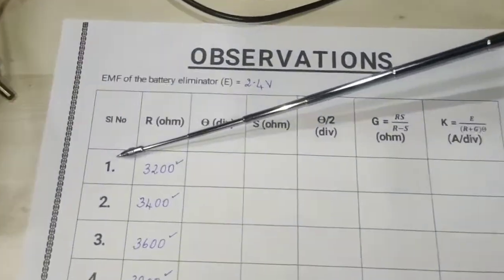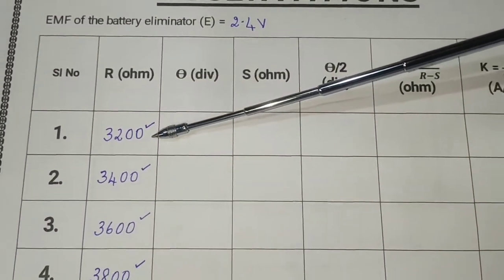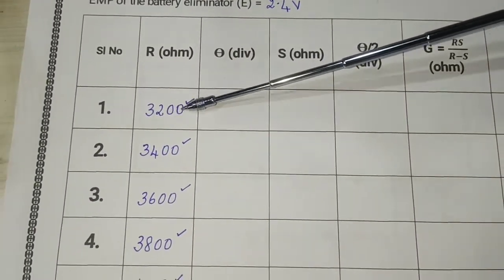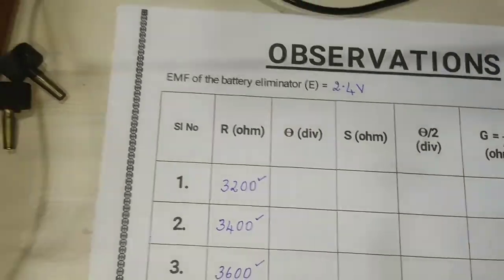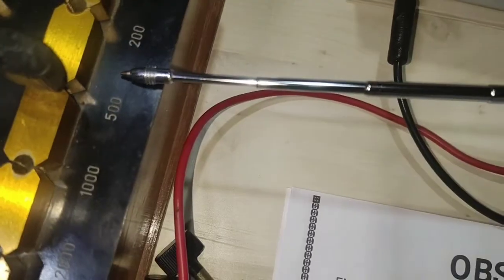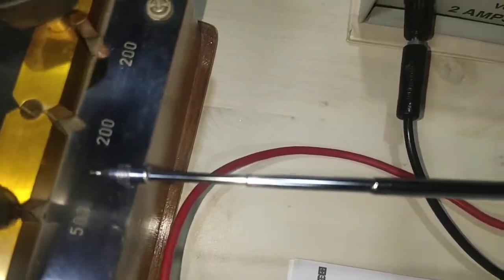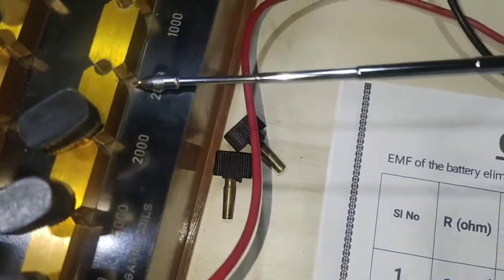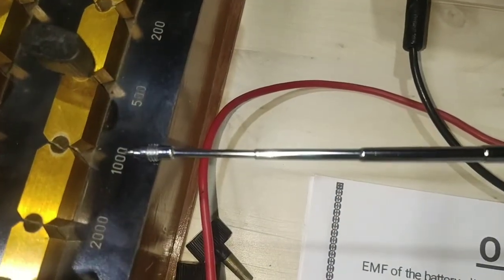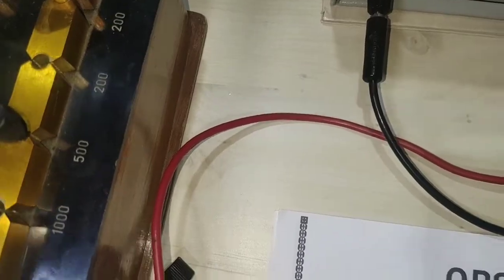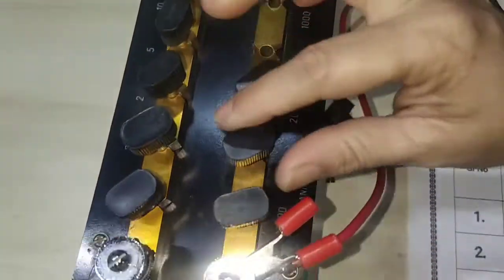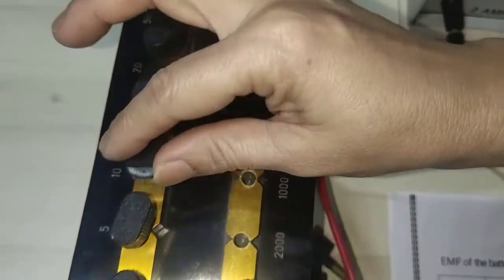Continuing with trial 1, you need to unplug 3200 ohm in R. So this is R. You need to unplug 3200. So this is 2000 plus 1000, 3000 plus 200, 3200, and ensure all the keys are tightened.